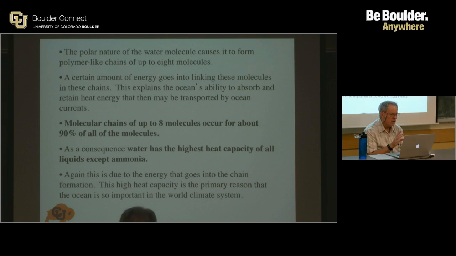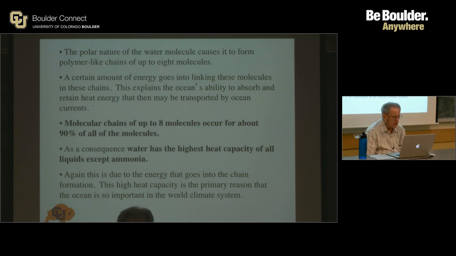This is the reason that the ocean plays such an important role in the climate. The molecular chains occur for about 90% of the water molecules. As a consequence, water has the highest heat capacity of all liquids except ammonia. And I'm glad the ocean isn't ammonia, because it would really be awful.